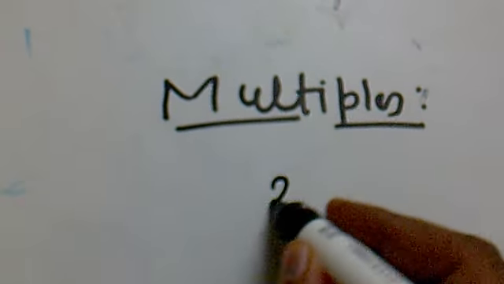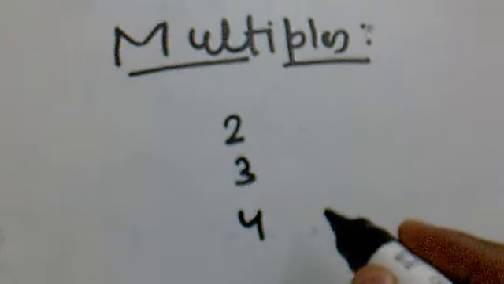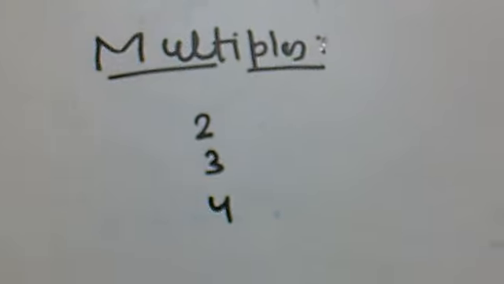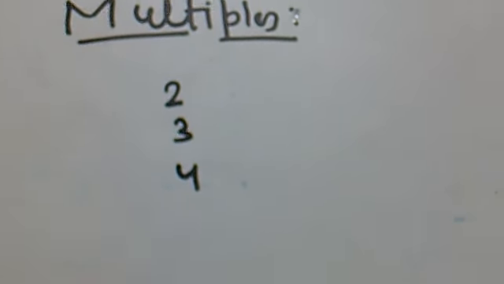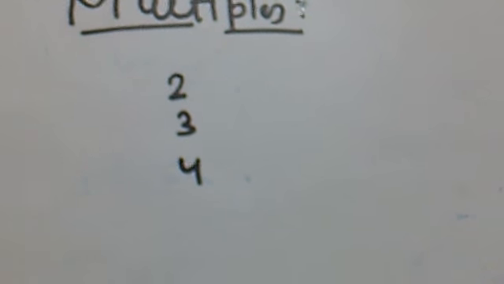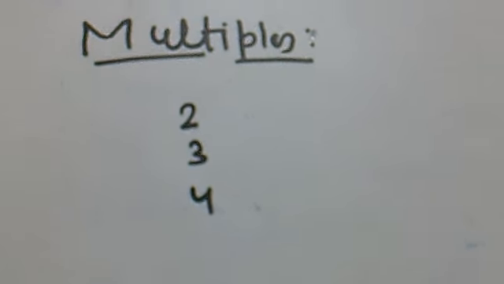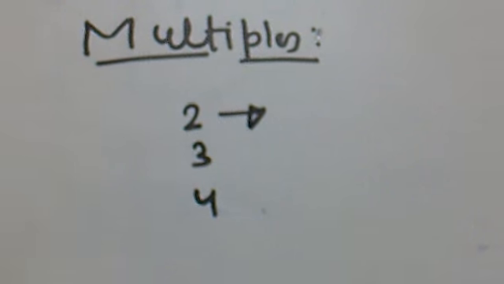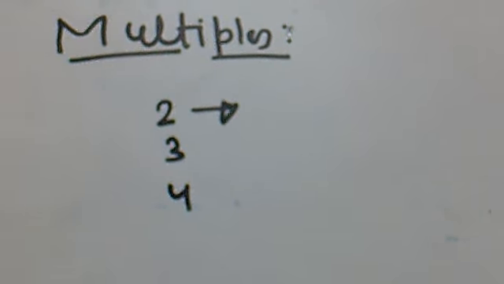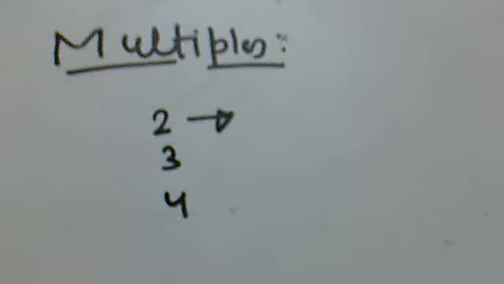So if we have an integer, like 2, 3, 4, we can have any integer. If one asks us what are the multiples of 2, we are actually asking about the numbers that 2 can divide and the remainder is 0.